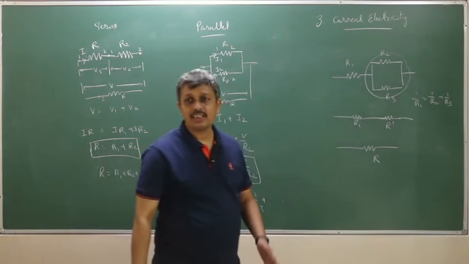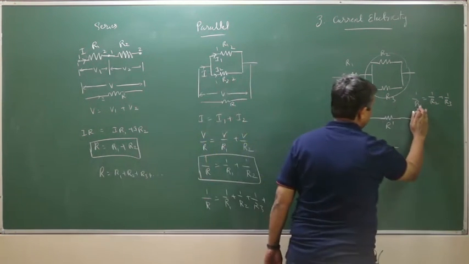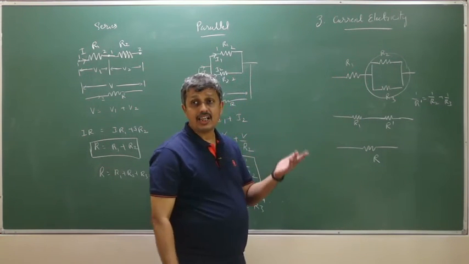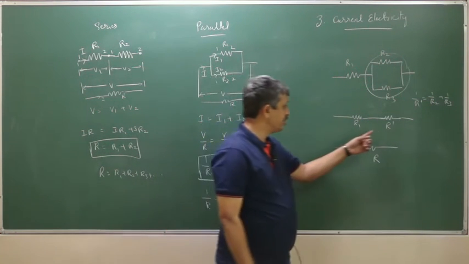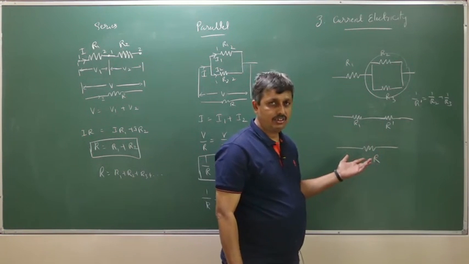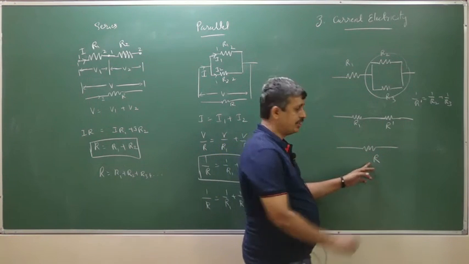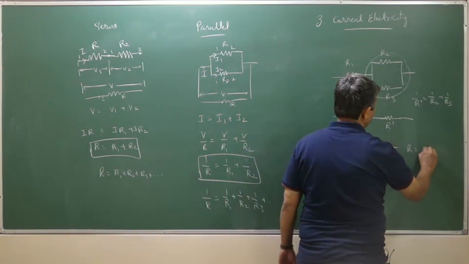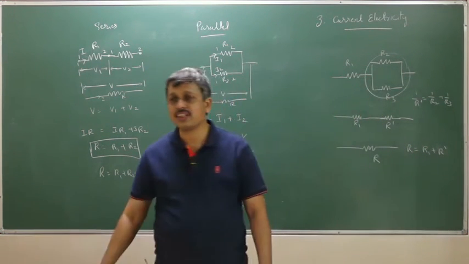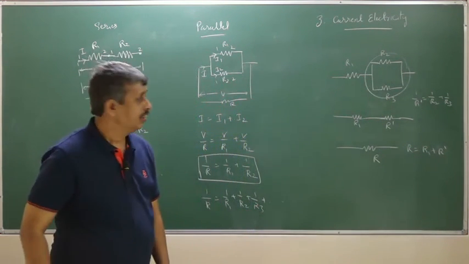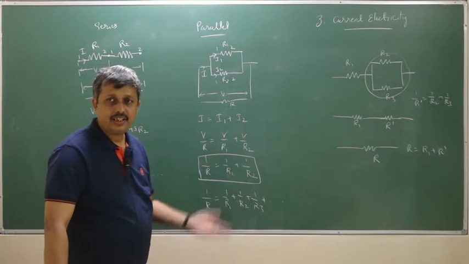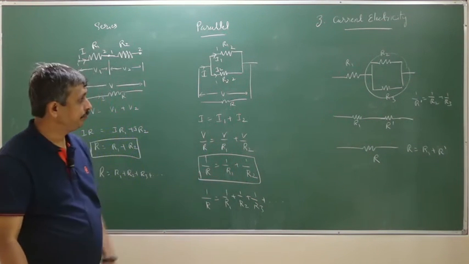Once you do that, you will get the value of R dash. Now substitute that R dash here. R1 and R dash are connected in series. Now you can say the effective resistance R is simply R1 plus R dash. If you have three resistances, two in parallel connected to one in series, this is how you go about it.